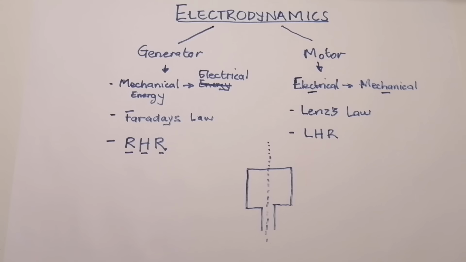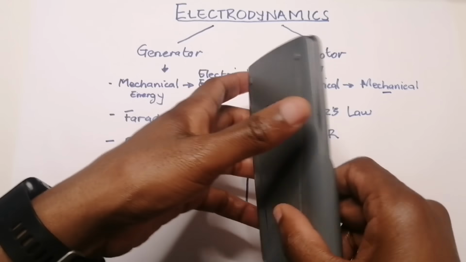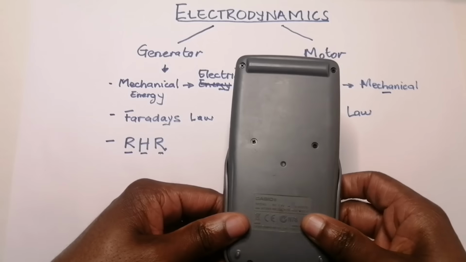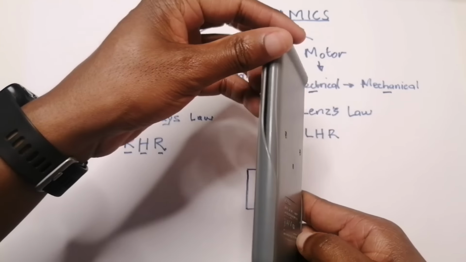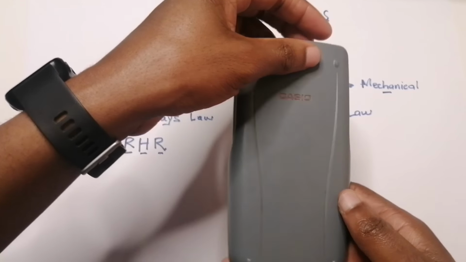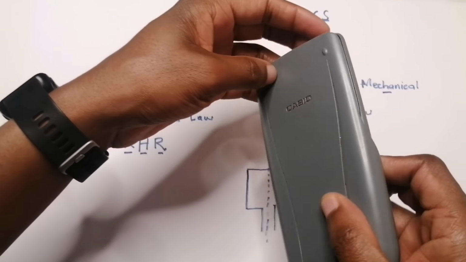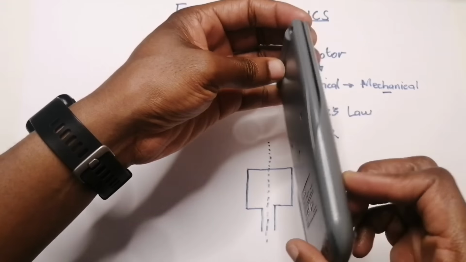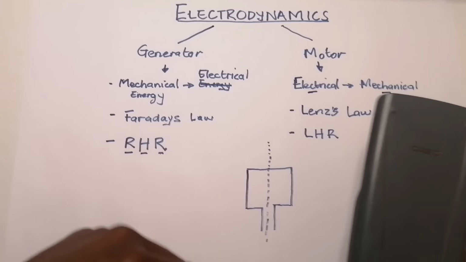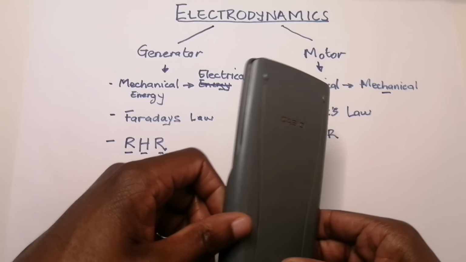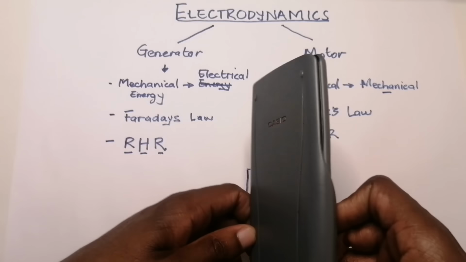I'm just going to use my calculator to illustrate that to you. If let's say this is your armature, and it's able to rotate, it should be able to rotate either in this direction or in that direction. So just imagine that armature being able to rotate either clockwise or anti-clockwise.